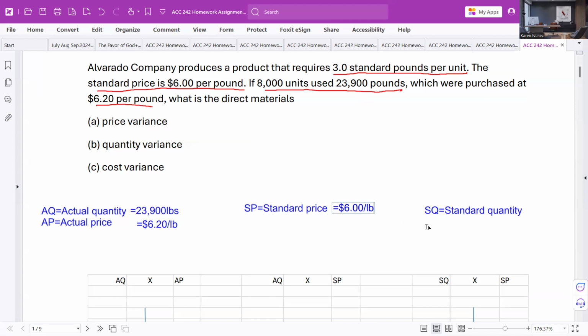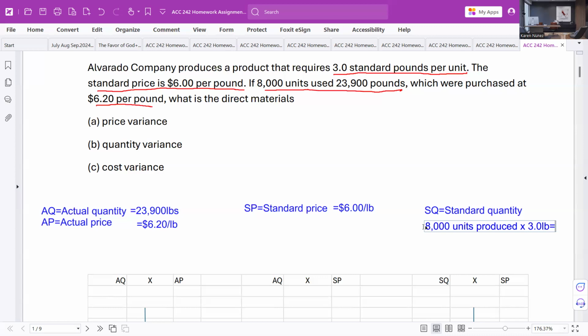What's happening here is 8,000 units were produced, and each unit requires exactly 3.0 pounds of this raw material.